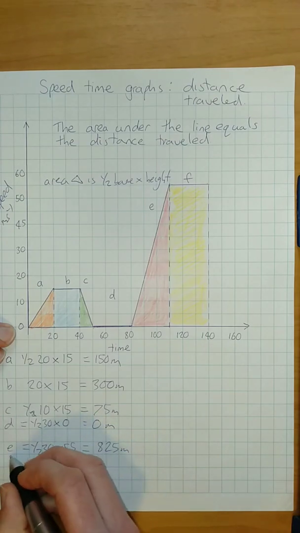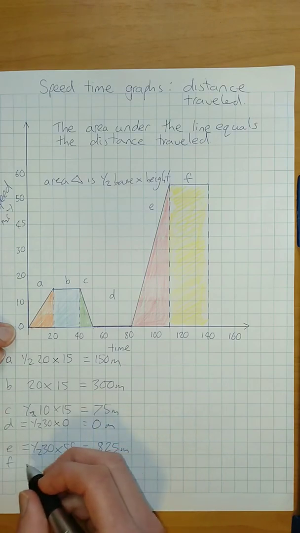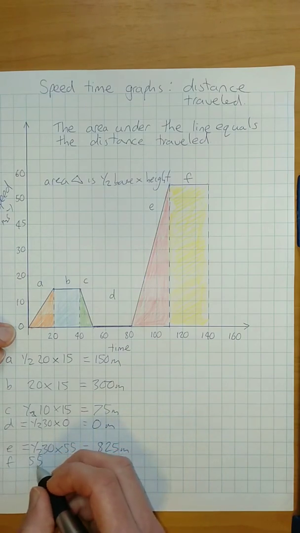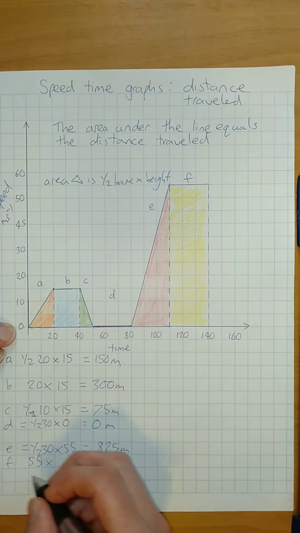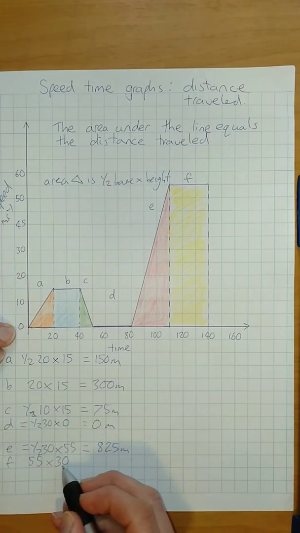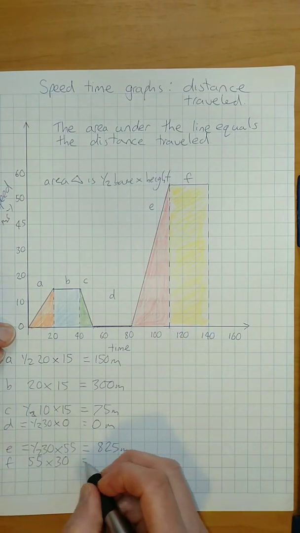And our last section, section F, it's this big rectangle, so we don't have to do the half. We can just go 55 times by 30. So the base is 30 from 110 up to 140, and we times it by 55, and that gives us 1650.